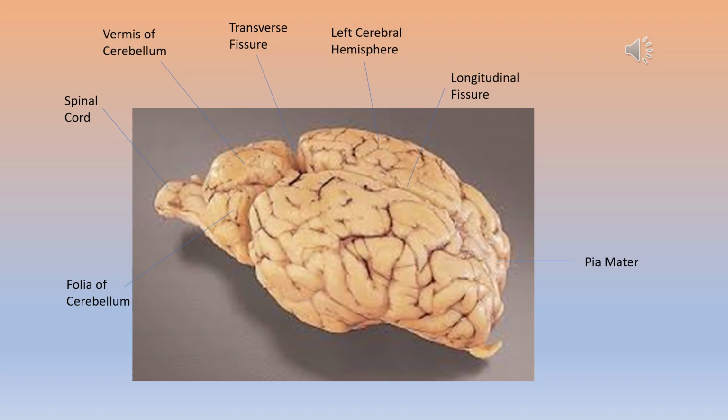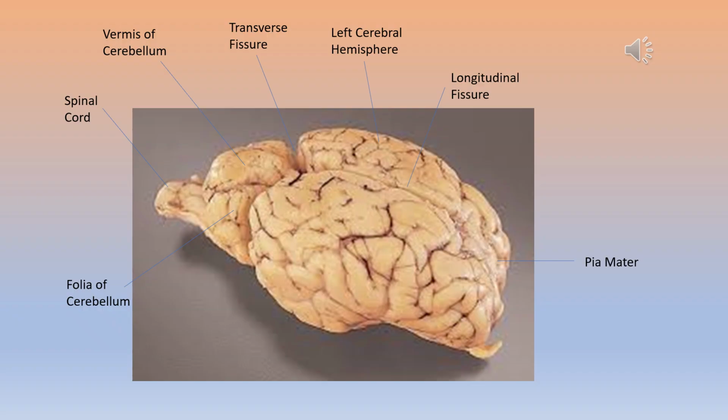So you would see the corpora quadrigemini. That means the bodies of the four twins. Well, the structures are actually called the two superior colliculi and the two inferior colliculi. We will see those later. I just wanted you to get oriented as to where they are. So if you look down into the transverse fissure, you would be looking at the roof of the midbrain.